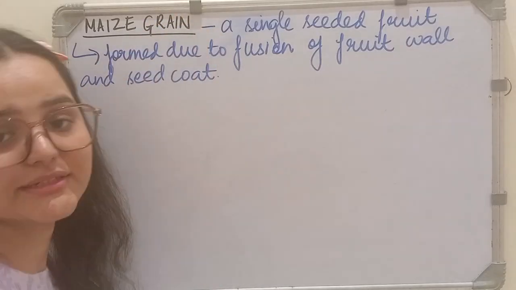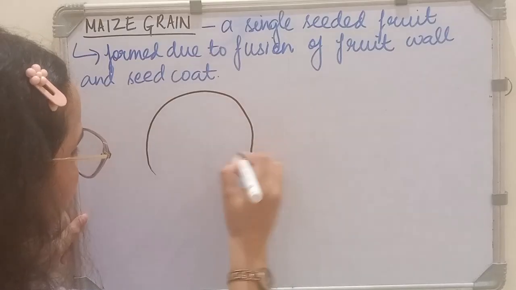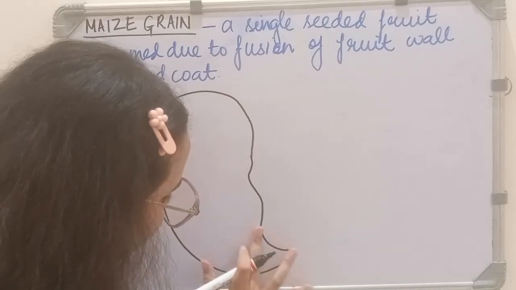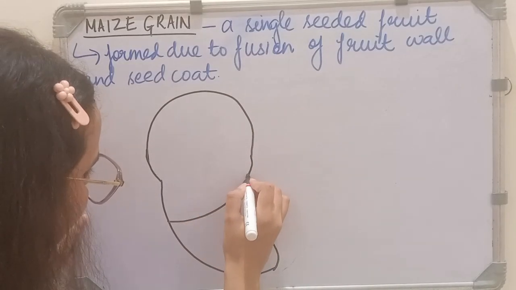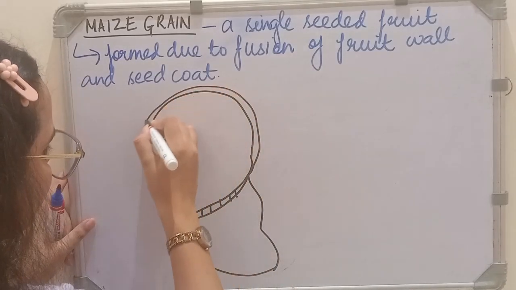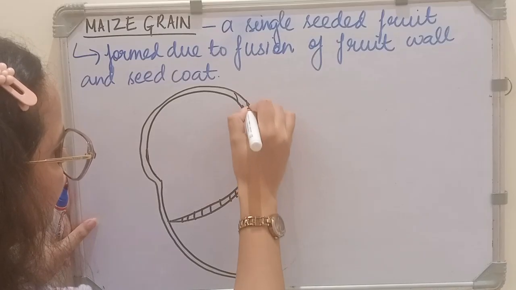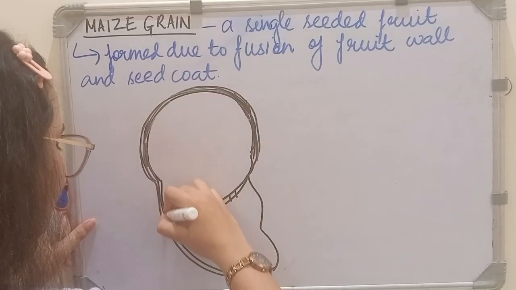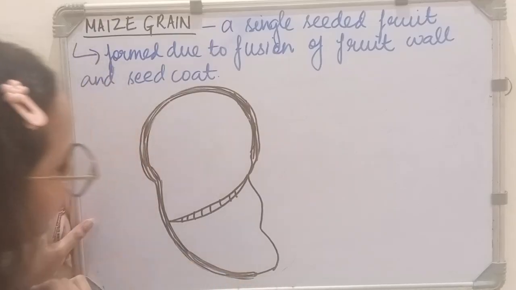Now, let's draw the diagram of maize grain. Let's understand all the parts.